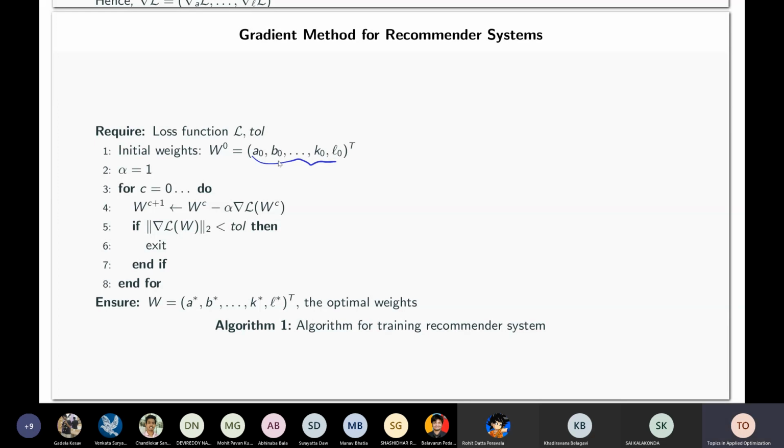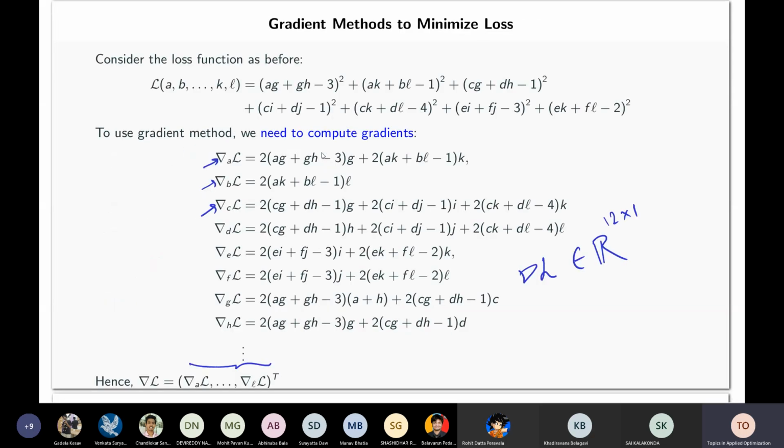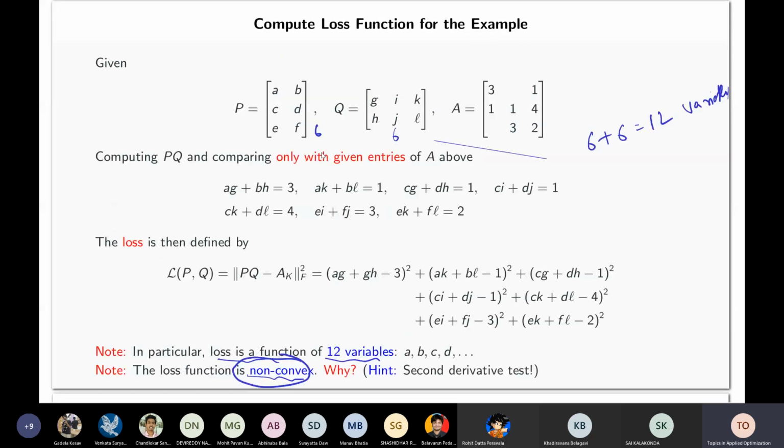We have stacked these weights in one long vector. Remember, we don't lose anything by stacking matrices as a vector, because the gradient method doesn't have anything to do with the matrix.